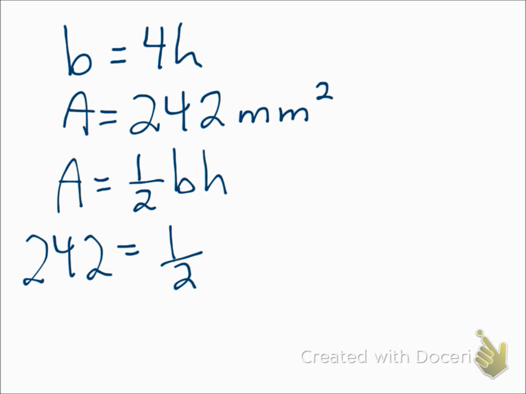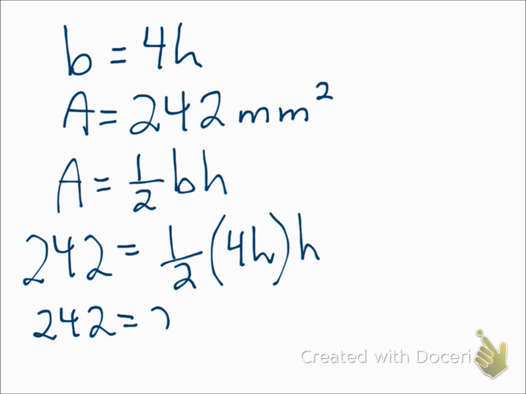The base is 4 times the height, so for B I will substitute in 4h. And for the height, since I'm doing the base in terms of the height, I will keep the height as h as well. So let's solve this. 242 equals 1/2 of 4 is 2, and h times h is h squared.